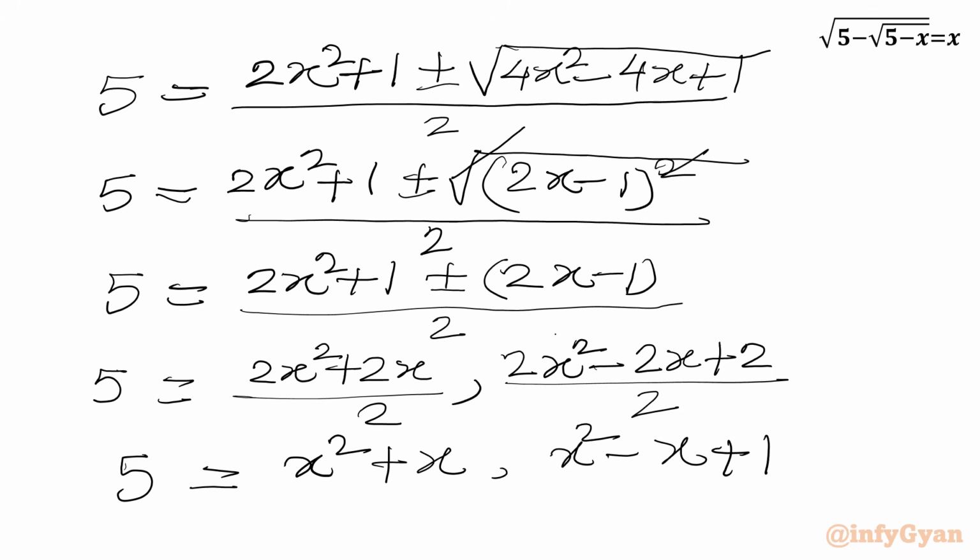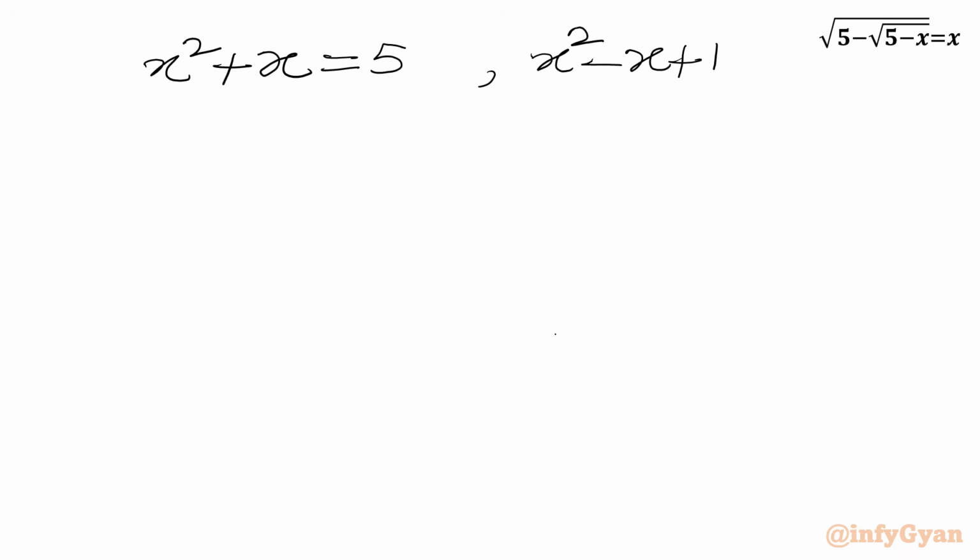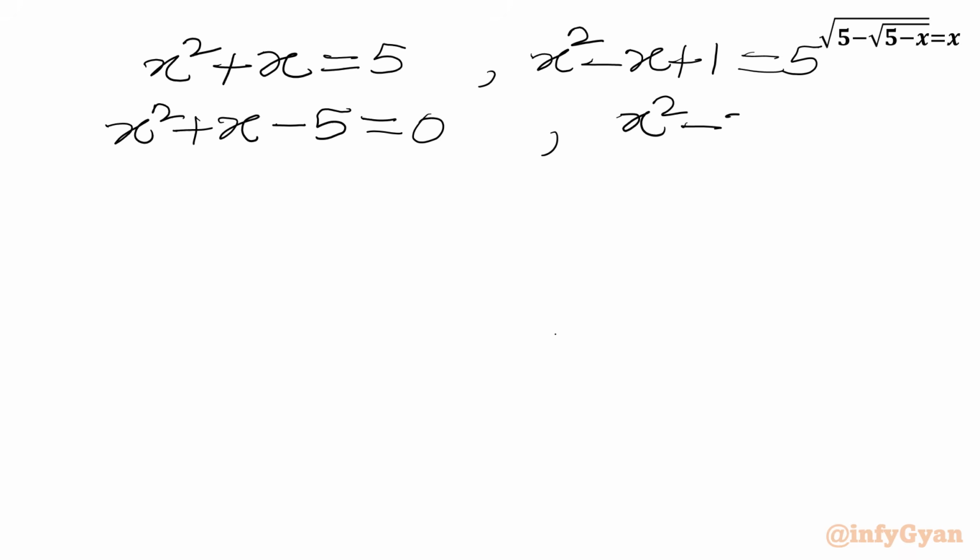Now we will create two quadratic equations. So I will write x square plus x equal to 5, and second equation is x square minus x plus 1 equal to 5. So from first equation we will get x square plus x minus 5 equal to 0, and from second equation x square minus x minus 4 equal to 0.